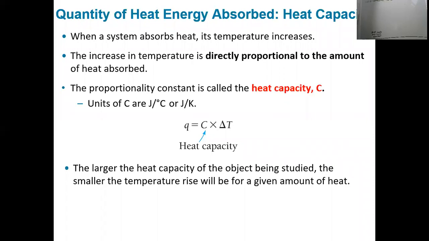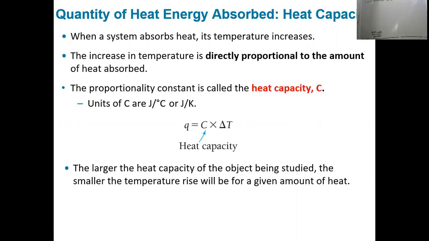We are able to sort of track the amount of heat absorbed by a material using what's called the heat capacity of an object. The heat capacity of an object is the temperature increase that's related to a particular amount of heat that it's absorbing.